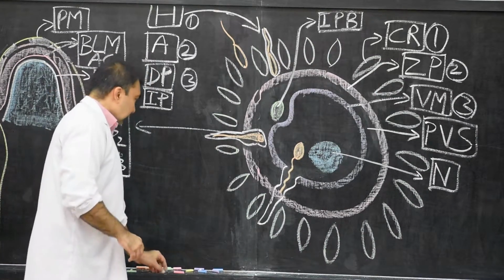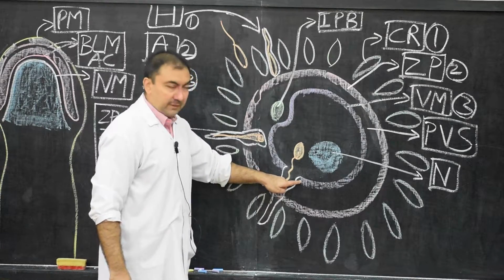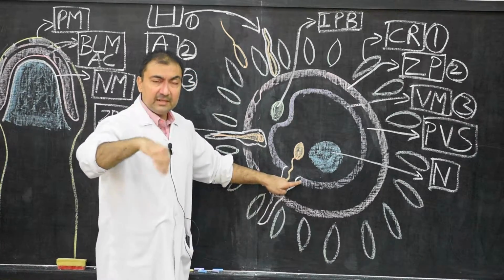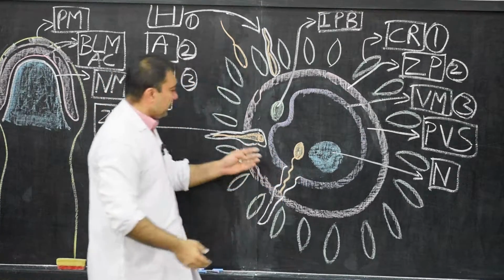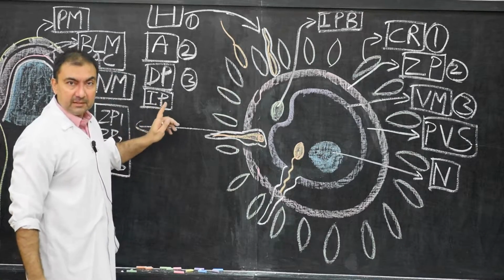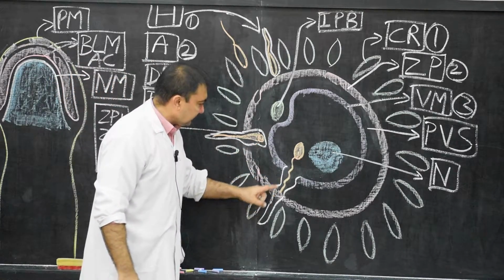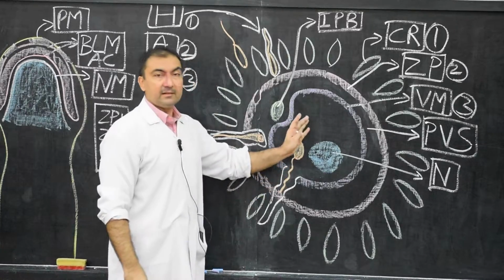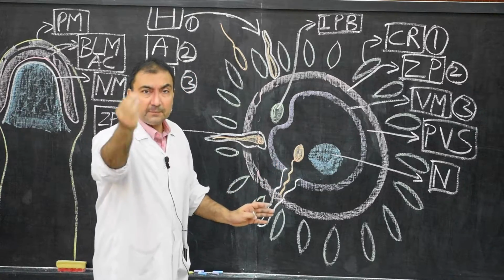So the plasma membrane of the spermatozoon will fuse with the vitelline membrane. Please note down, and it will break. Then the vitelline membrane closes back because of the integrin peptide. So note down, the plasma membrane of the spermatozoon remains outside. Only the spermatozoon will enter the cytoplasm. So here it has crossed the third barrier.